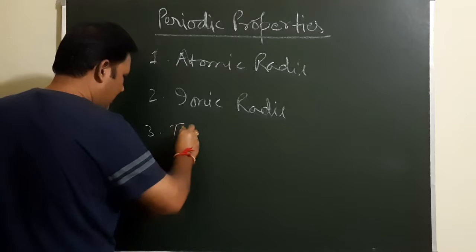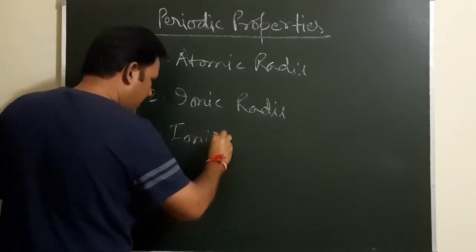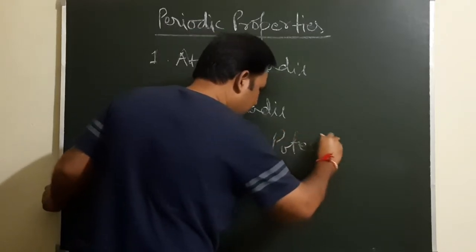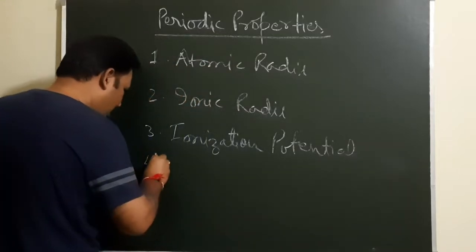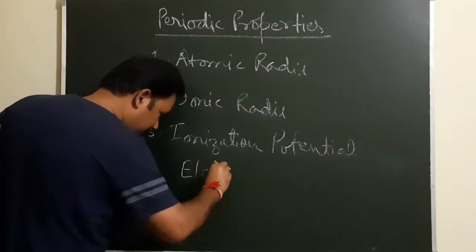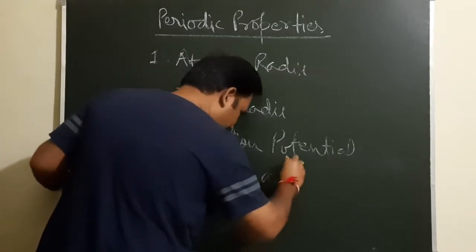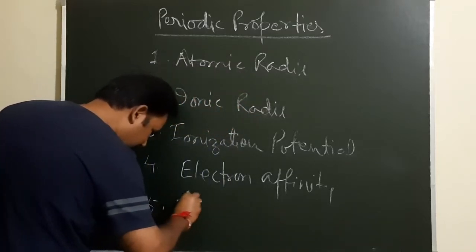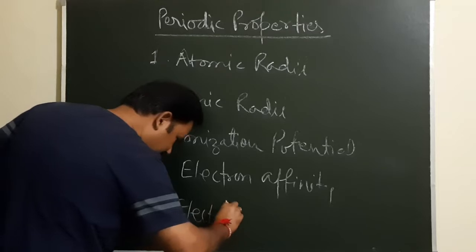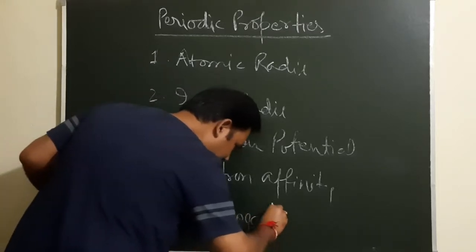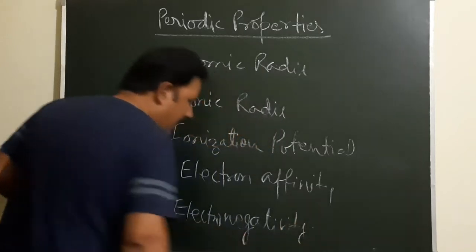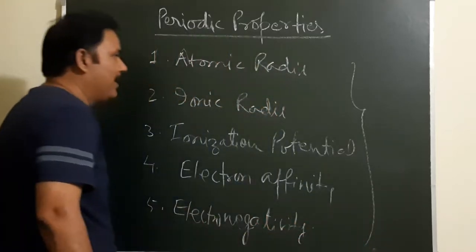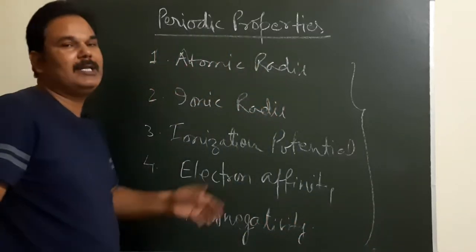Then electron affinity. Next, electronegativity. After that we can say metallic and non-metallic character. But these 5 are the main periodic properties.